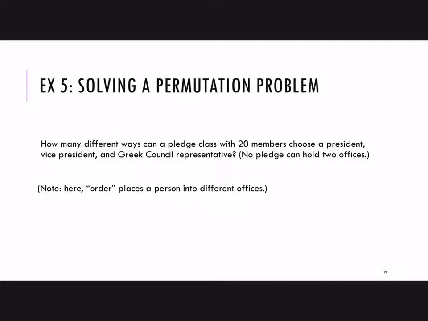Well, let's go back and use the fundamental counting principle to begin with. We are choosing 3 different offices. That's like 3 different events. And then we just want to see how many ways there are to make that choice. So for the president, vice president, and representative: for president, we have 20 different members to choose from. So there are 20 different options.